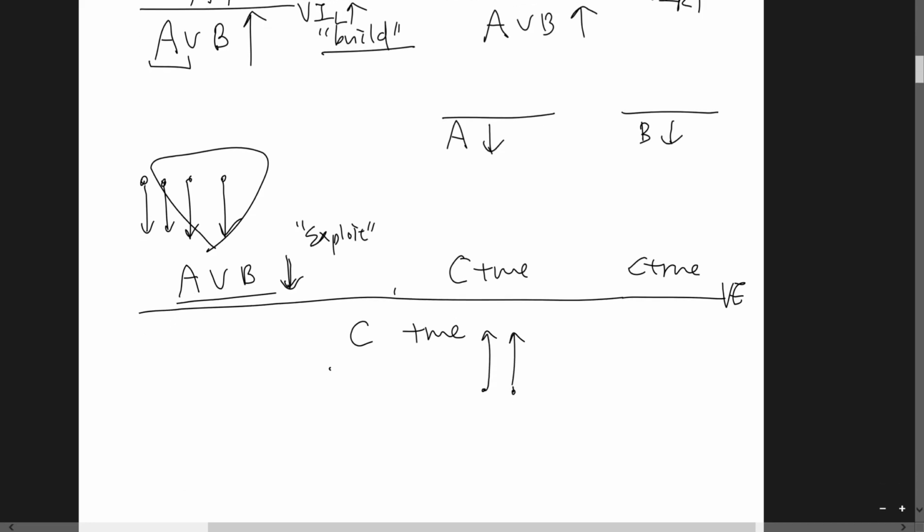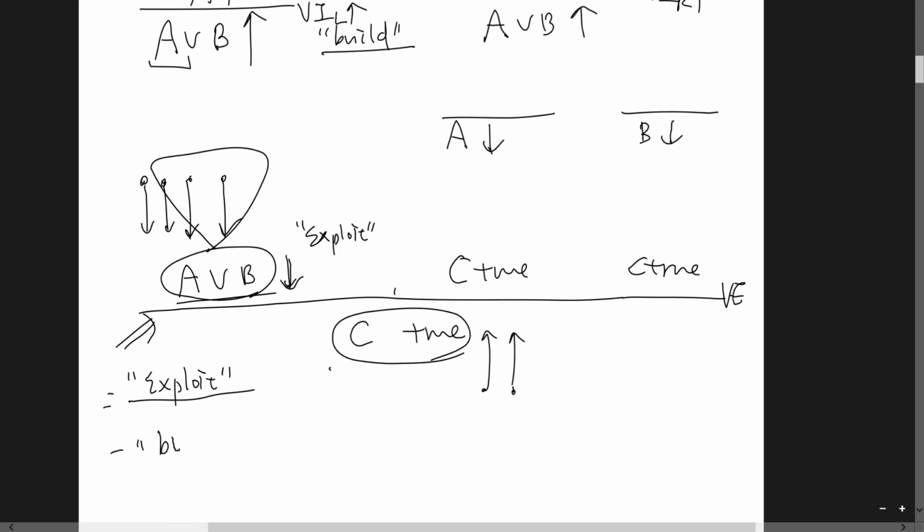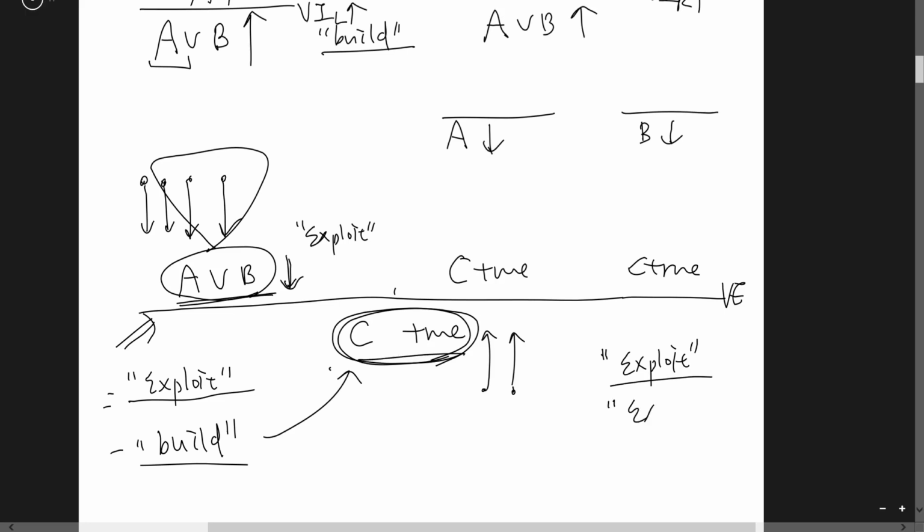So we can imagine that currently we want to exploit an existing judgment A disjunction B true. But at the same time, we have not finished building a proof of C true. So we'd like to build a proof of this judgment C true. And alternatively, we could say we exploit A disjunction B true, and after that we obtain C true, and we'd like to exploit again the new proof of this C true.